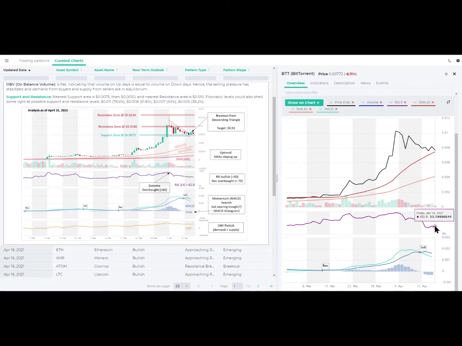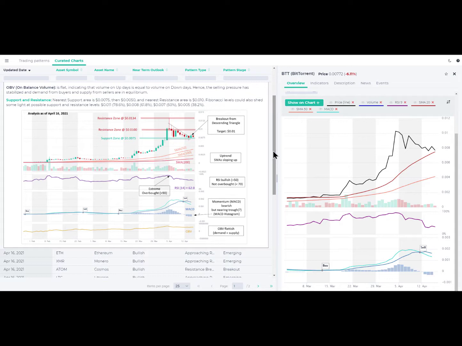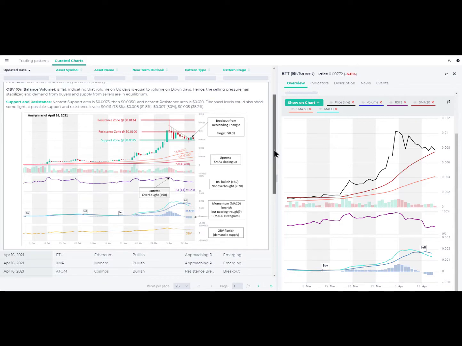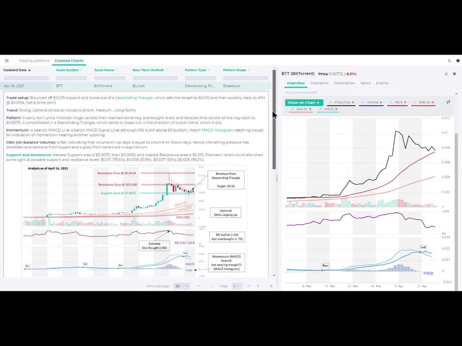Has the RSI moved far from where we had it initially? Right. So double check these things, because sometimes these charts go stale and we can't update them fast enough because crypto is moving so quickly. So double check that the signal or the trade setup is still valid and that these indicators haven't moved away from the date that they were updated.